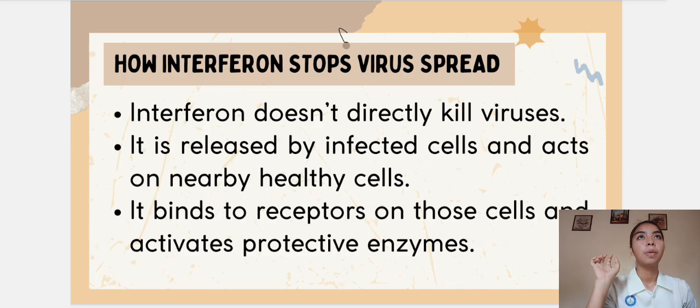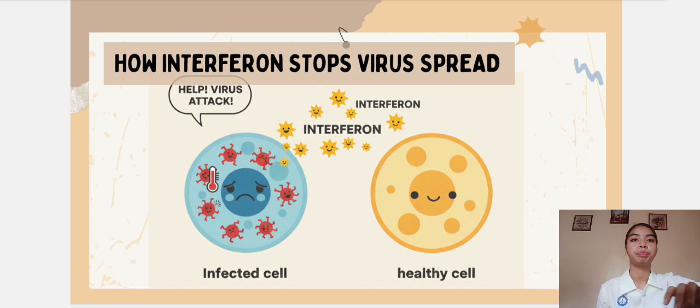Again, for us to better illustrate this in our mind, I have this picture. So as I have said on the slide earlier, the interferons are released by the infected cell. These proteins are released by the infected cell, then travel to the neighboring healthy cell. And these interferons enter the healthy cell via its receptor on the plasma membrane, of course.